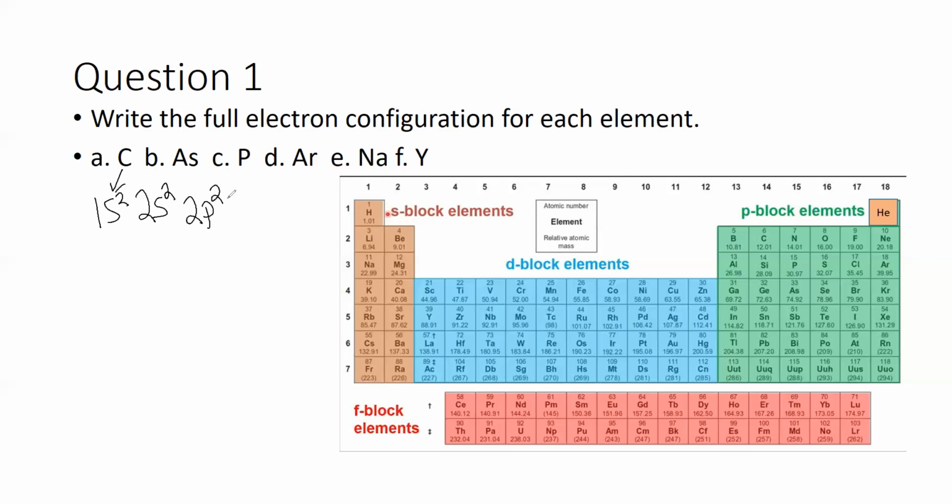So the full electron configuration for carbon is 1s2, 2s2, 2p2. What that means is that carbon has 2 electrons in the 1s orbital, 2 electrons in the 2s orbital, and 2 electrons in the 2p orbital, for a total of 6 electrons.